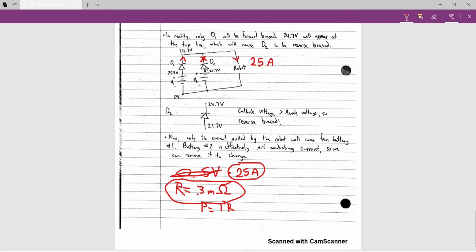Also having that diode there, pretend that I didn't add this new battery in yet, pretend I just got rid of that. If I have a 21.7 volt battery with a 0.5 volt drop, that's going to give me 21.2 volts at this point. That voltage may not be enough to satisfy certain things that have to run at maybe 24 volts. Usually there's a range.